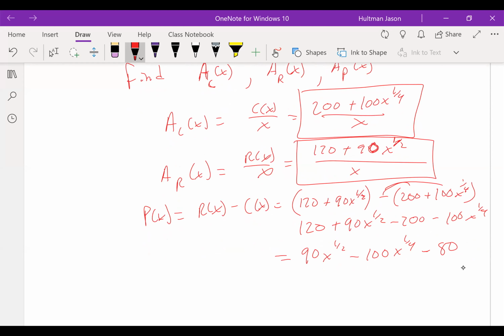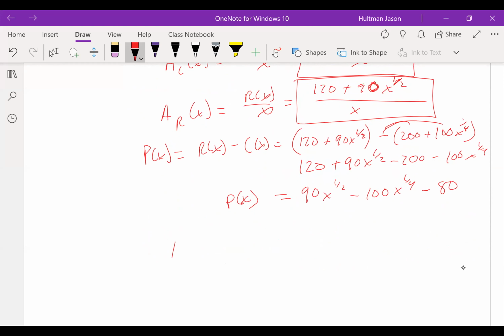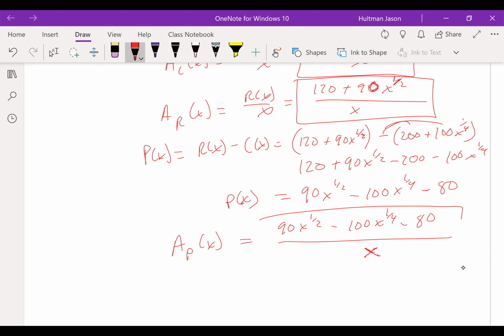So this is equal to P of X. How would I find the average profit function, A sub P of X? That's going to be 90X to the 1/2 minus 100X to the 1/4 minus 80, all over X. So that's that guy there.